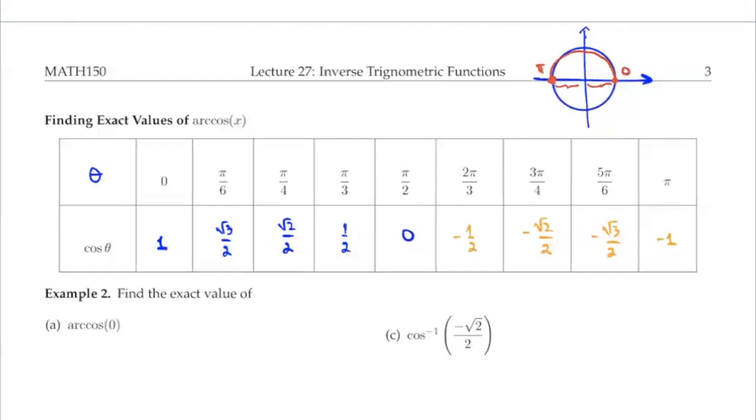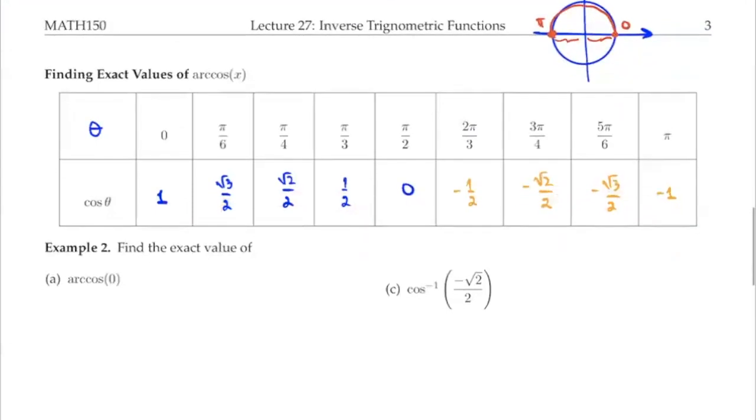Now for the inverse cosine function, we're looking for arc cosine of 0. So again, this is equal to theta. You're looking for the angle such that, if and only if, cosine of theta is equal to 0. So you're looking for the theta such that cosine of theta is equal to 0.